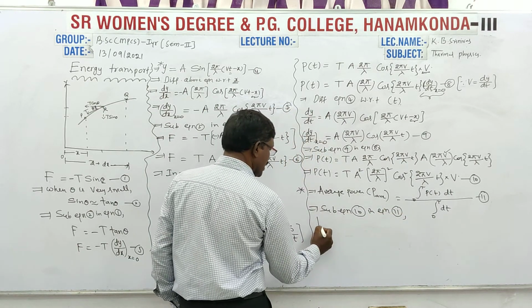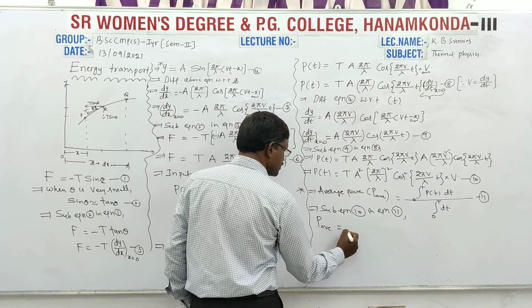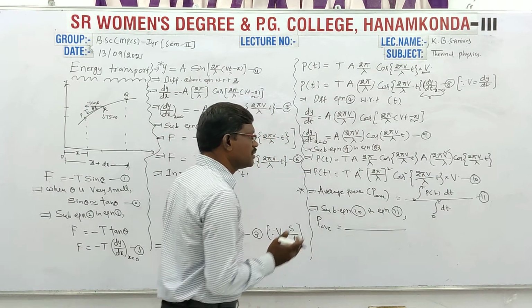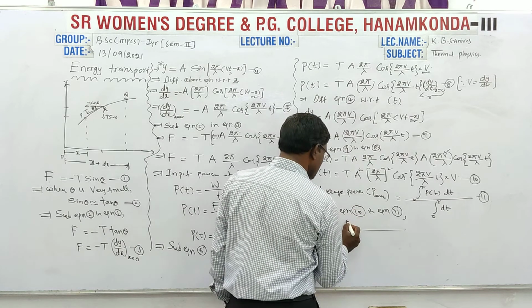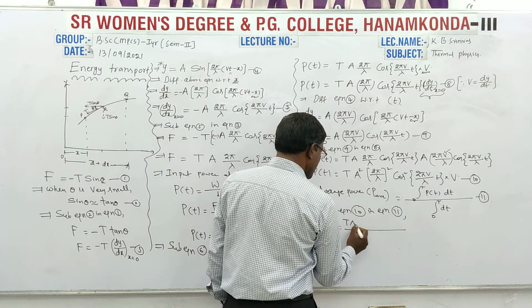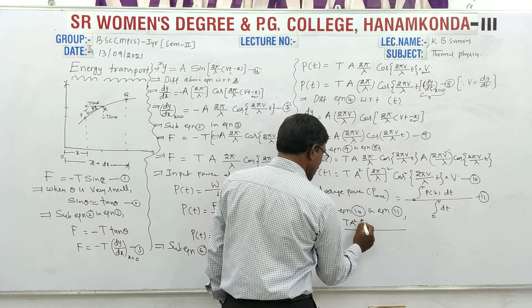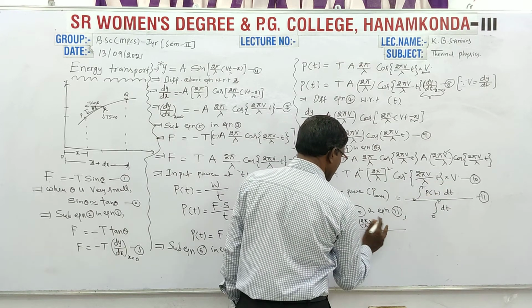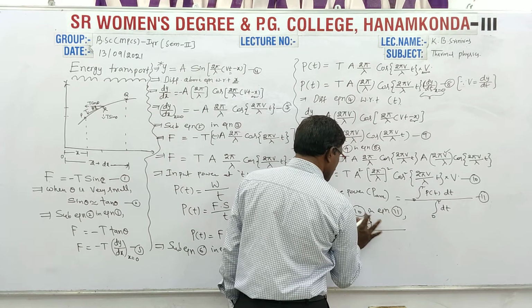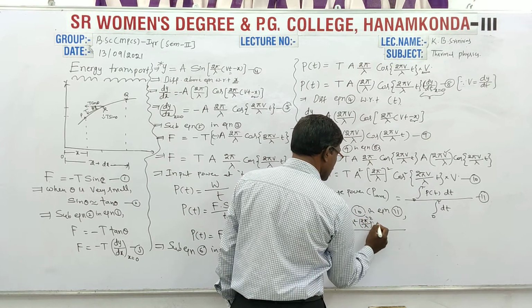So average power is equal to, just to keep constants outside of the integration. T is a constant, a square is a constant, 2 pi by lambda whole square is also a constant, v, velocity of the wave, also a constant.